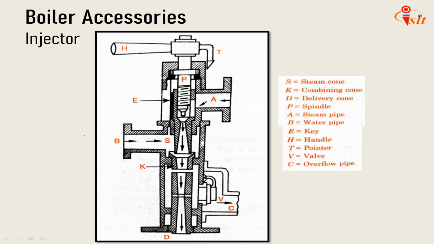Here the figure shows an injector. It consists of a spindle P, steam cone S, a combining cone K, a delivery cone D, and a handle H with a pointer T. The spindle's upper end is provided with a handle while the lower end serves the purpose of a valve.